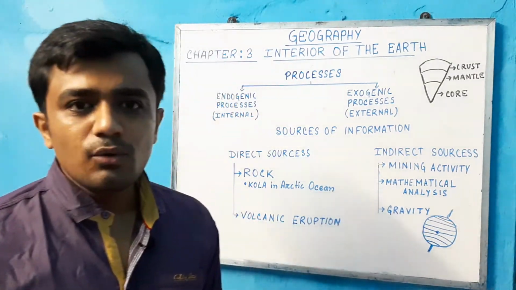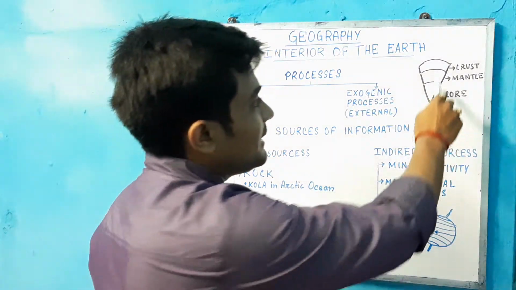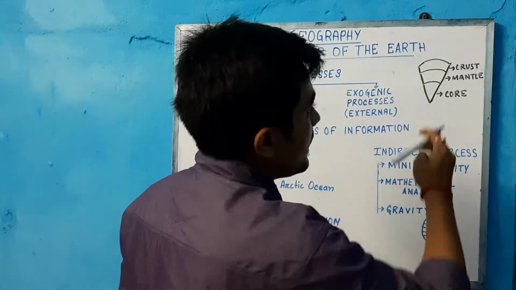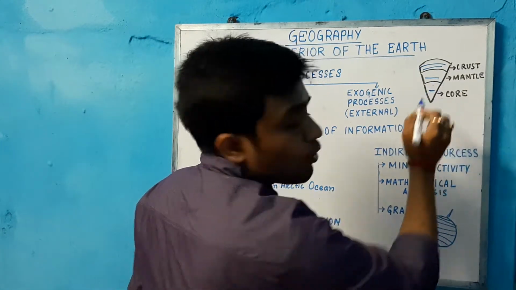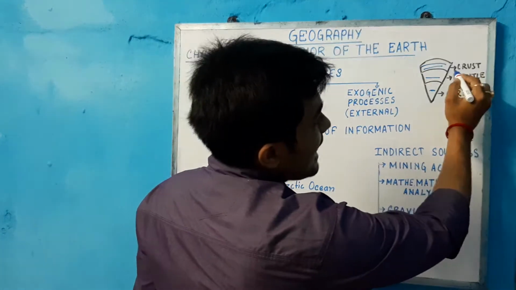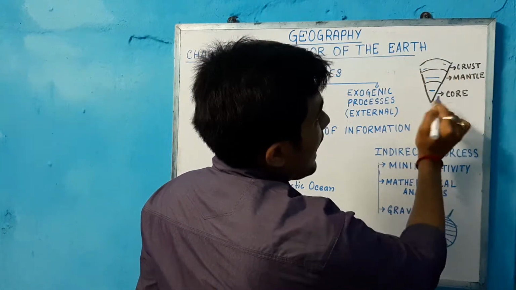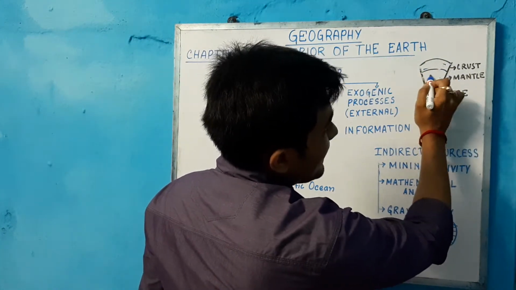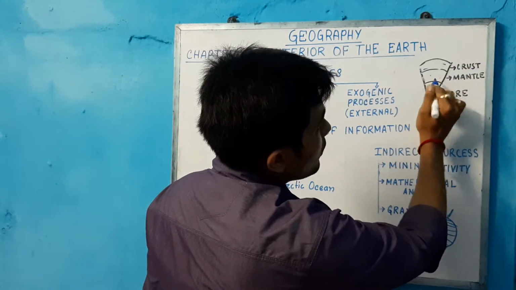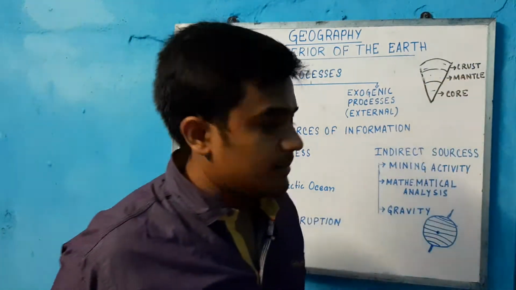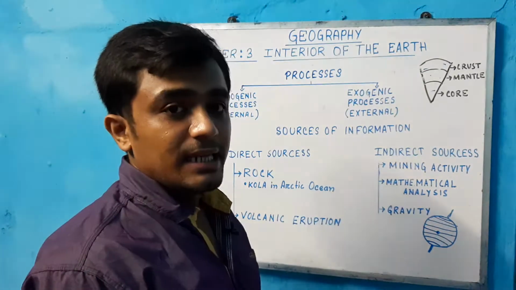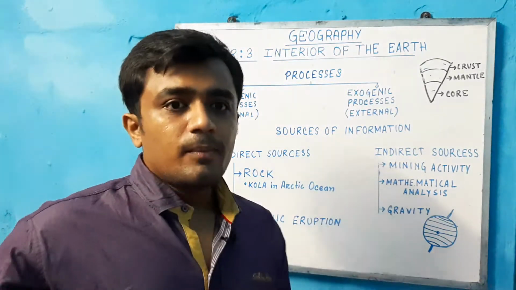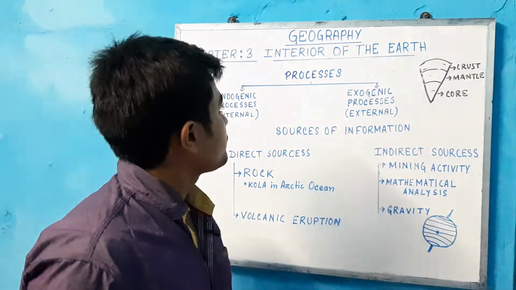I think you all know that there are three concentric layers: crust, mantle and the core. Crust is the uppermost layer, the mantle is the second layer and core is the innermost layer. We will discuss in detail about these three layers in my next class.